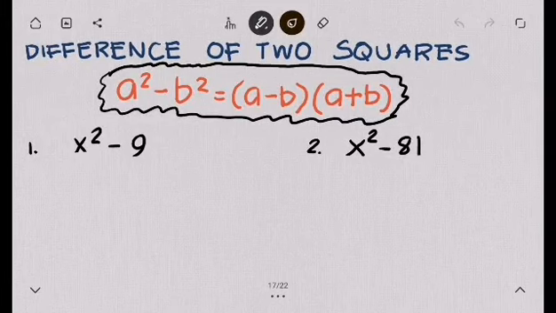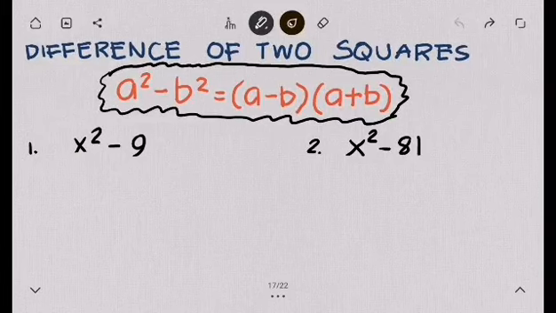Okay, so katulad nung unang dalawang example na meron tayo. So we have x squared minus 9 and then x squared minus 81. So if you will notice, yung ating unang term ay perfect square, ganun din yung pangalawang term. Ganun din sa number 2. So yung x square is a perfect square, and then yung 81 is also a perfect square.